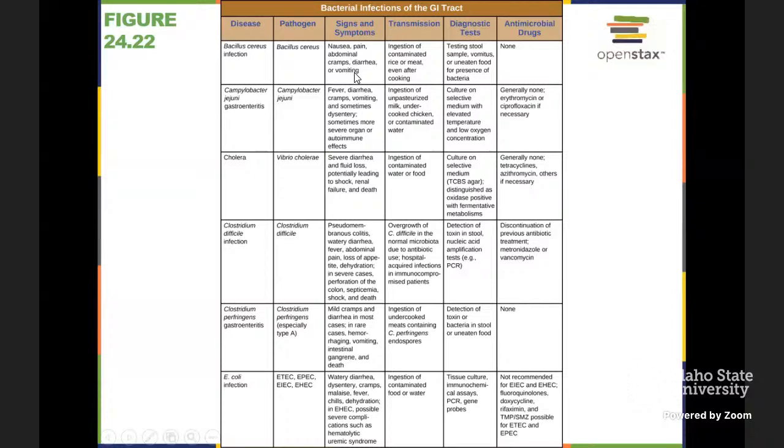Nausea, pain, abdominal cramps, diarrhea, and vomiting. We think about ingestion of contaminated rice or meat, even after cooking. And rice is a pretty good one for this. The bacteria can create spores that are found on the grains of rice. You cook the rice, you then potentially don't keep it in the proper, warm conditions.